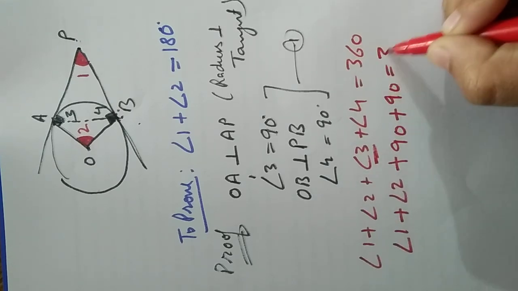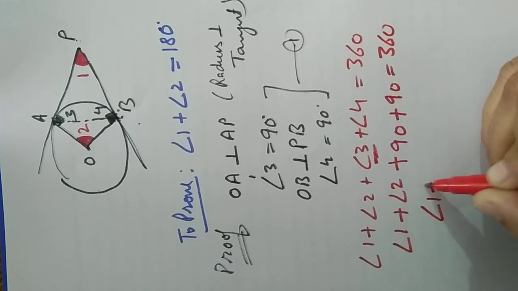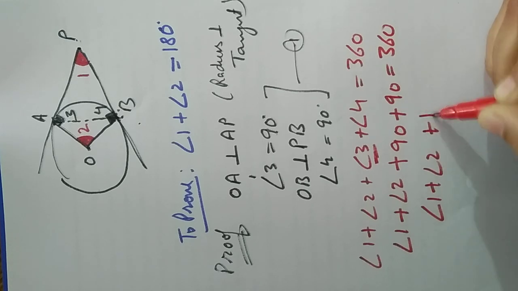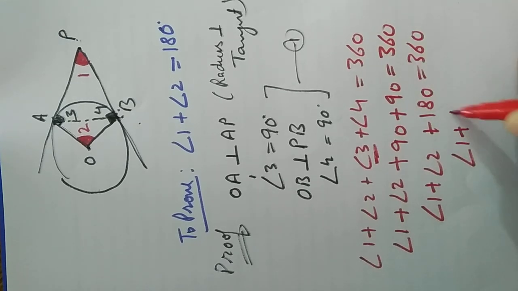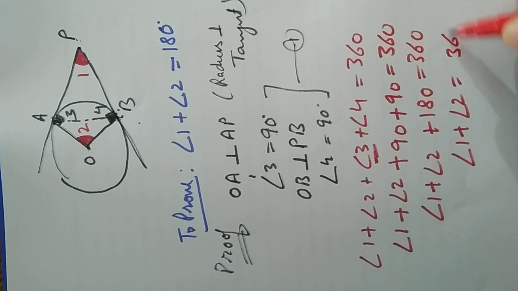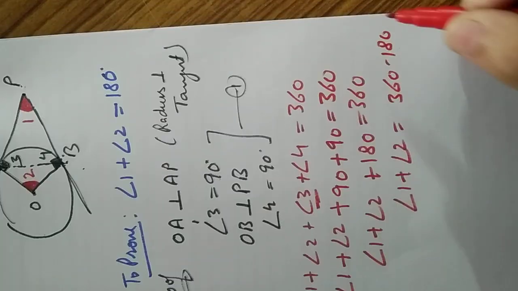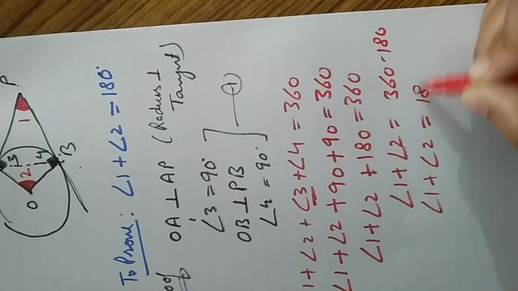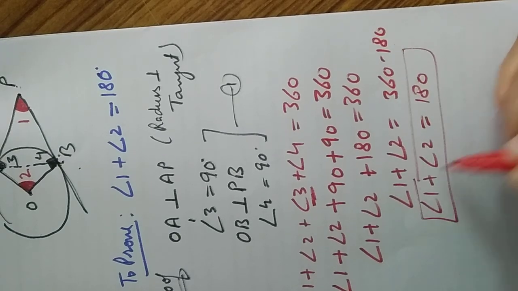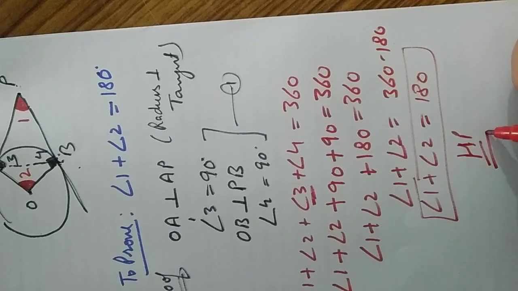So angle 1 plus angle 2 plus 180 is equal to 360. So angle 1 plus angle 2 is equal to 360 minus 180. What do we get here? Angle 1 plus angle 2 is 180. So this is our result.